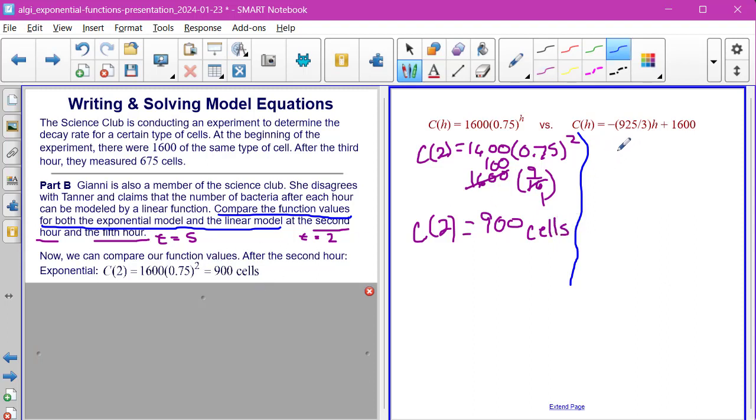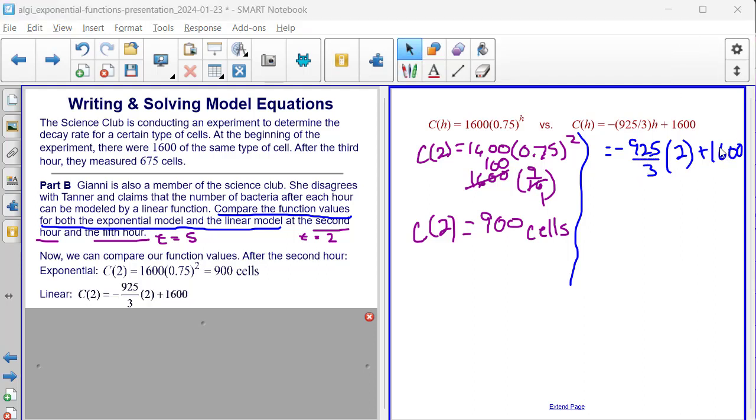Okay, now if we do linear, we'll have negative 925 over 3 times h, and we're evaluating it at 2, plus 1,600.